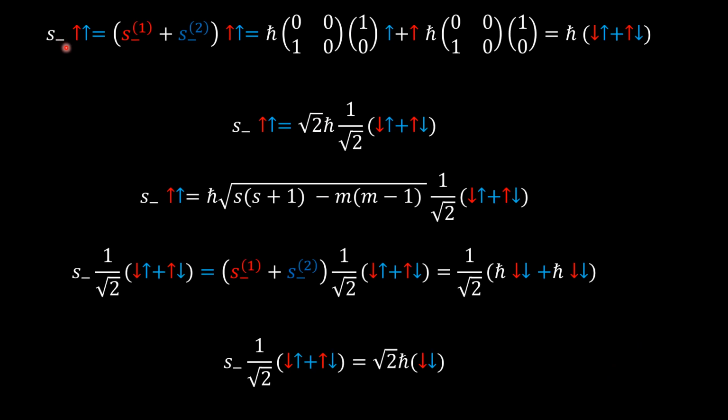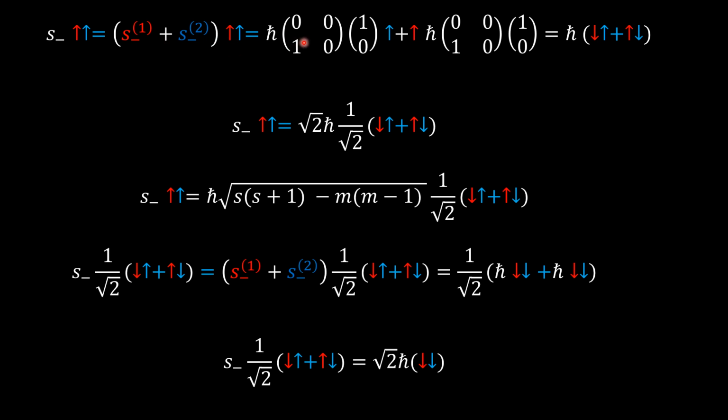Now we will see what will happen if the lowering operator S minus acts on the spin up state. The red color one is the lowering operator for the electron, and the blue color one is the lowering operator for the proton. So first you take the S1 lowering operator for the electron.